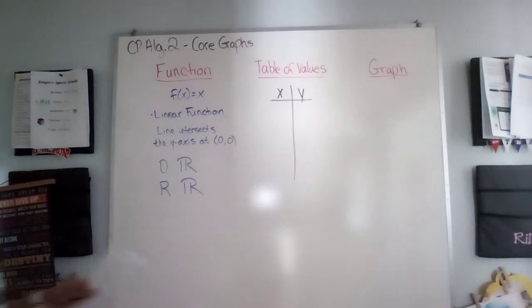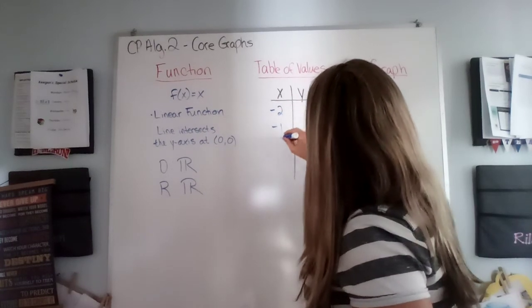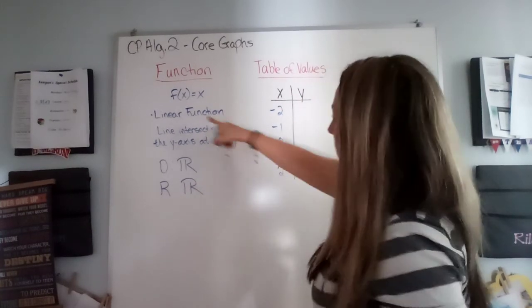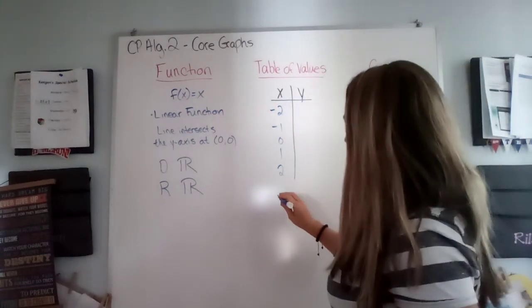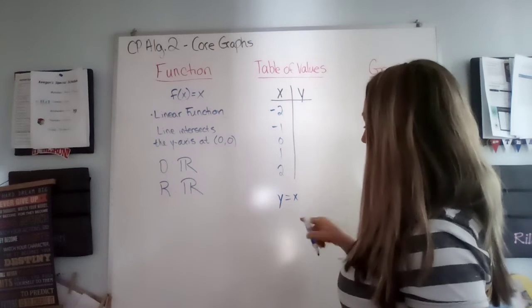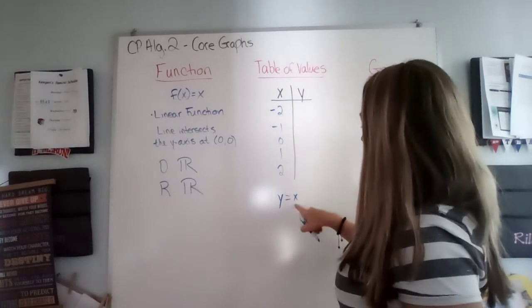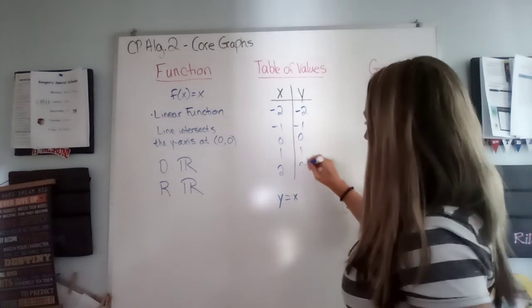All right, so we'll look at the graph again at -2, -1, 0, 1, 2. Remember this function, f of x equals x, that's written in function notation. You can think of it again as y equals x, so the y's and the x's should be equal. So if x is -2, y would be -2 as well. -1, 0, 1, 2.